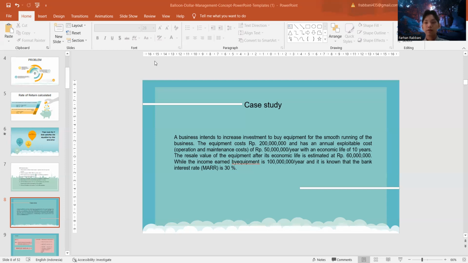With an economic life of 10 years, the resale value of the equipment after its economic life is estimated at 60 rupiah, while the income earned by the equipment is 100 rupiah, and it is known that the bank interest rate MARR is 20%. On this issue, we will find out whether the purchase of the equipment is worth investing in or not by using the ROR method.